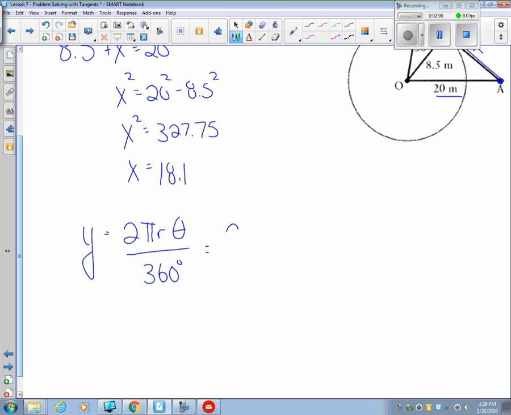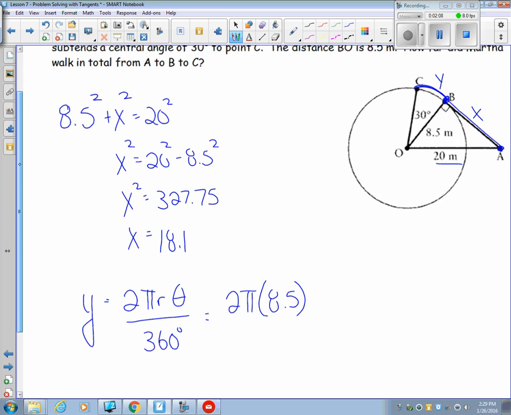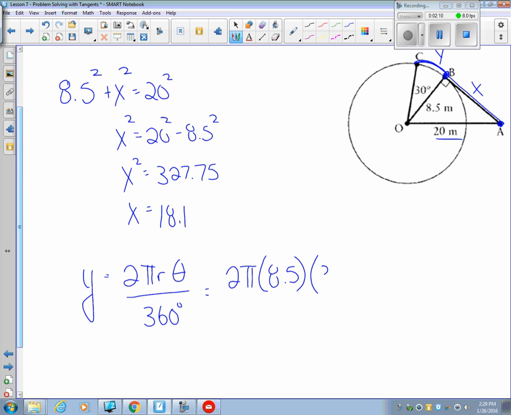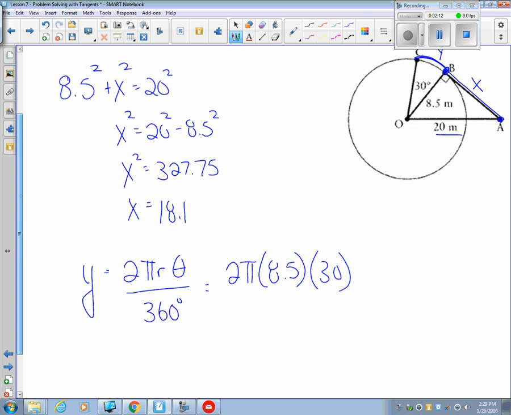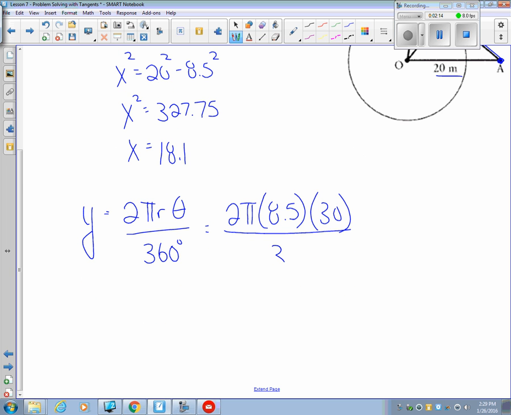So we're told that 2 pi, the radius is 8.5, the distance from B to O. We are told that her walk subtended an angle of 30 degrees. That would be her sector angle, and that's a portion of our overall 360 degrees. Put that all into our calculator and we end up with 4.45.